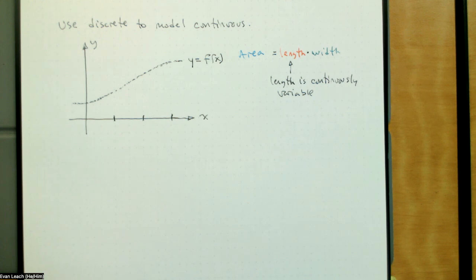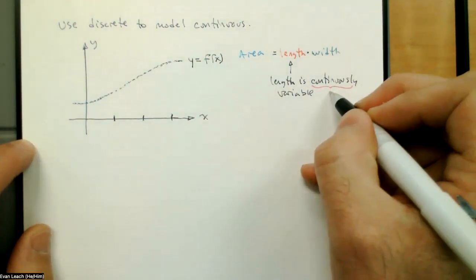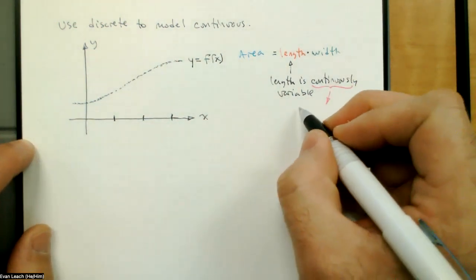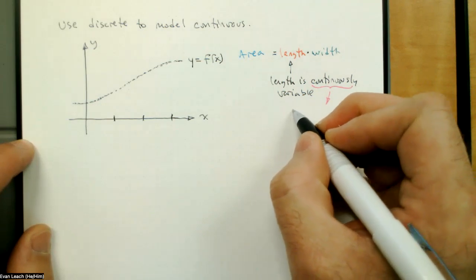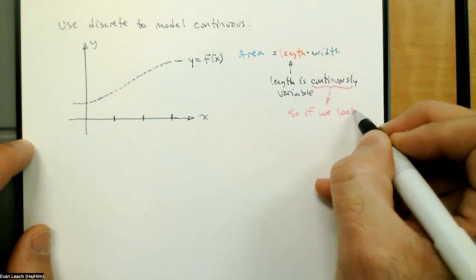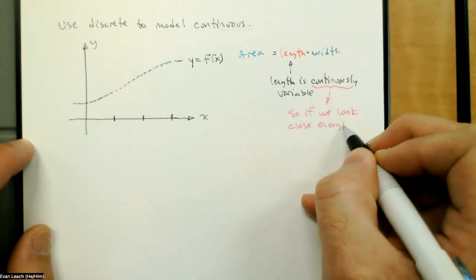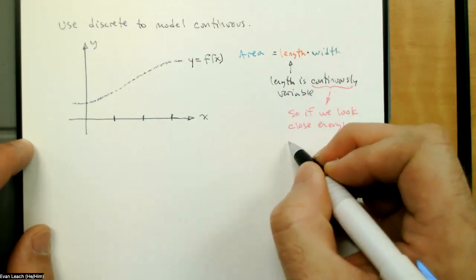That's the idea that we're going to use for this continuous part. Because our function is continuous, if we look close enough, f doesn't change that much.